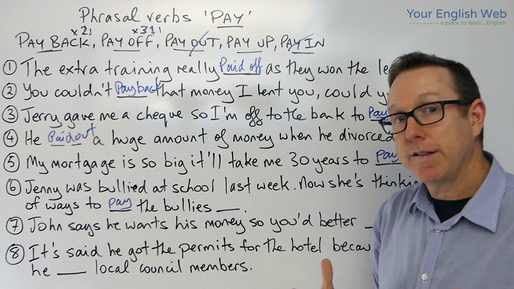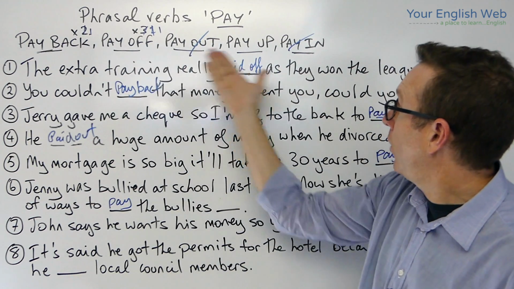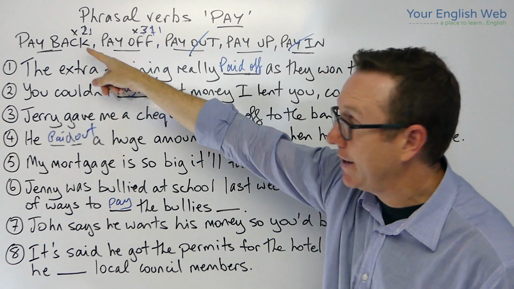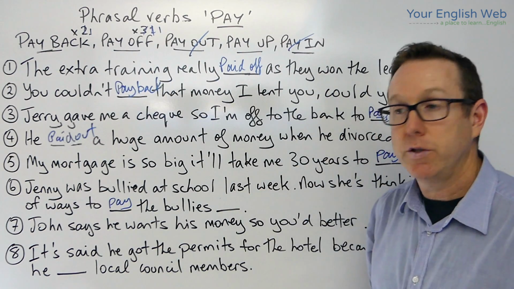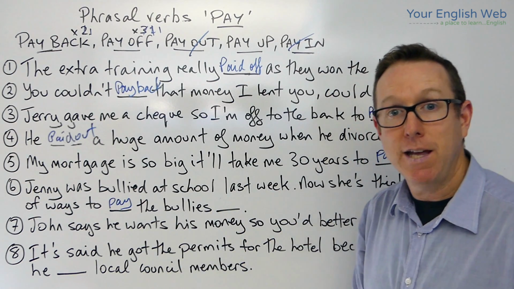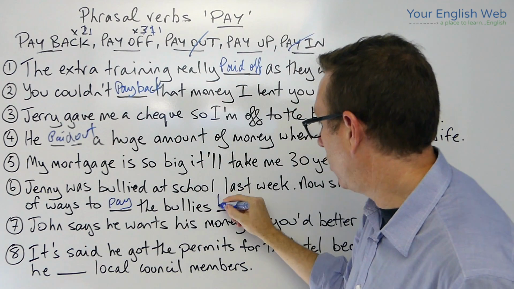Now in this sense, this one means to take revenge on somebody, okay? So which phrasal verb can we use? We have one of these ones left. Which one do you think? Take revenge. If you take revenge on somebody, you pay them back. That is right. Good.